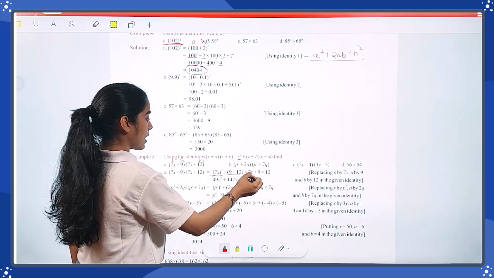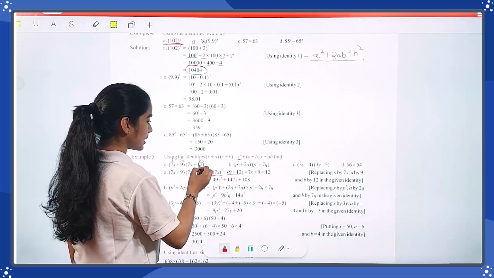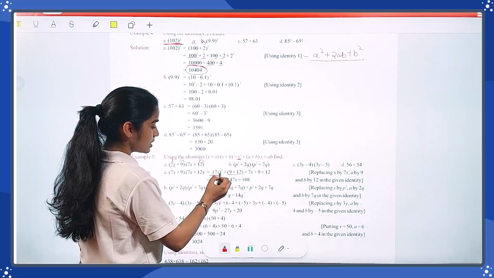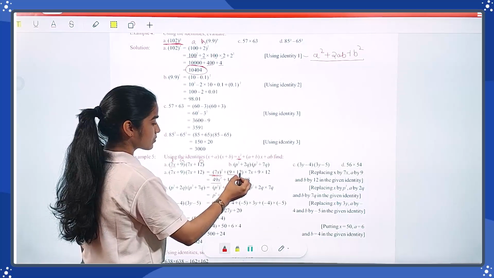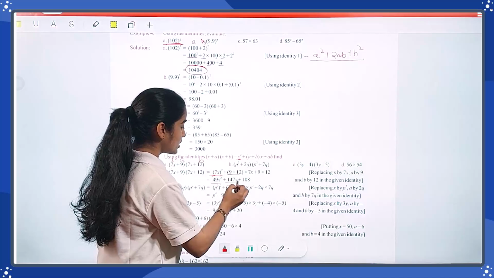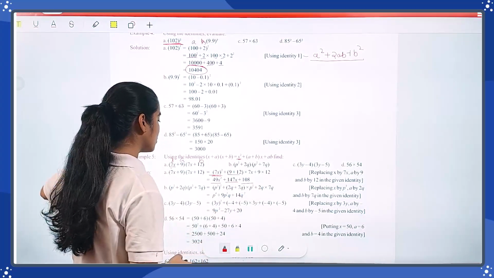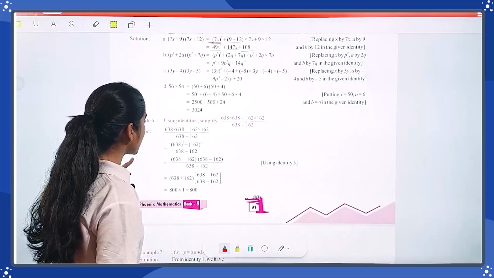So you have to keep 7x outside of the bracket. Next ab, which means 9 multiplied by 12. So 7x square is 49x square, 9 plus 12 is 21, multiplied by 7 is 147x, and then 9 multiplied by 12 is 108. So that way you can solve your questions using identities.